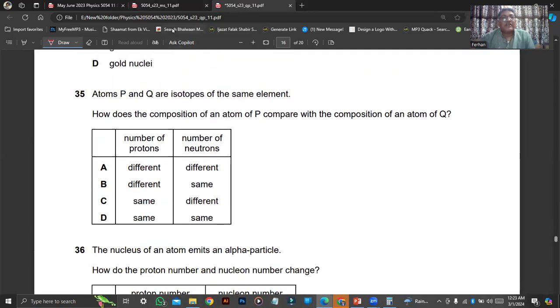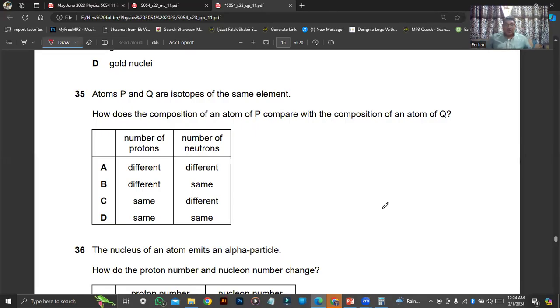Question number 35. Atoms P and Q are isotopes of the same element. How does the composition of an atom of P compare with the composition of an atom of Q? Isotopes have the same proton number, but their nucleon number is different.